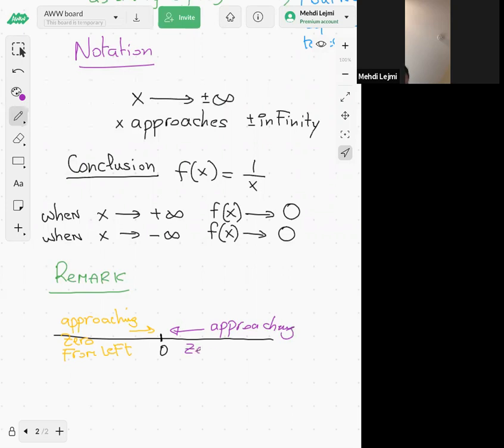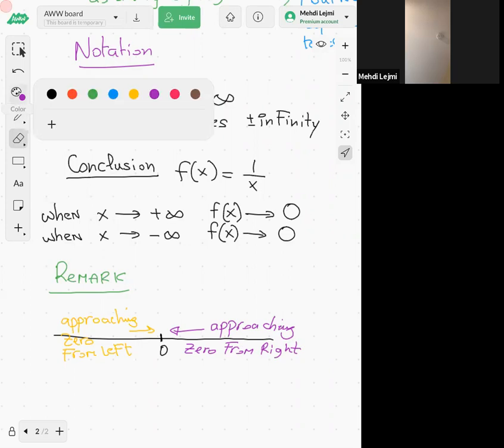To distinguish between the two cases, when you approach 0 from the left, we're going to put 0 minus. It means that you are approaching 0 from the left.